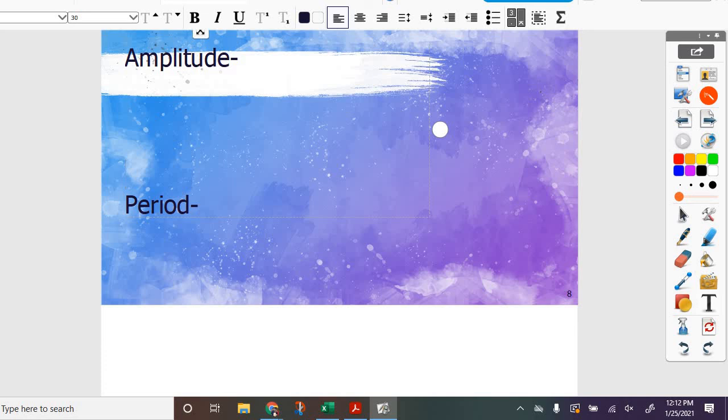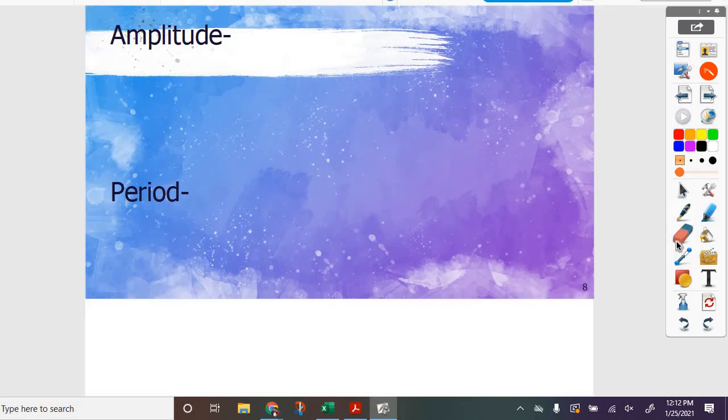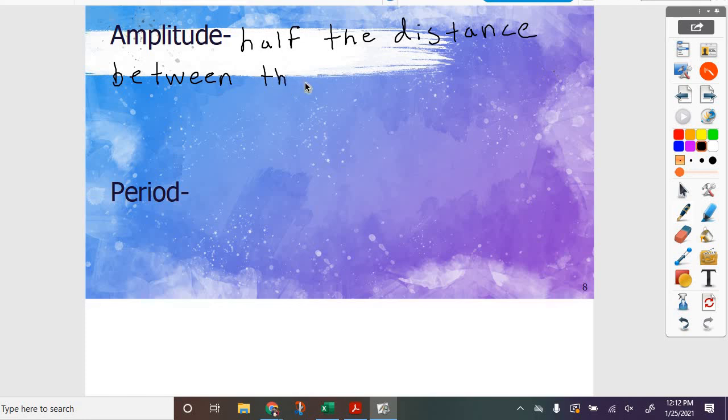The other thing we're going to look at is the amplitude, which is how far it's been stretched or compressed. Our amplitude is going to be half the distance between the maximum and minimum.